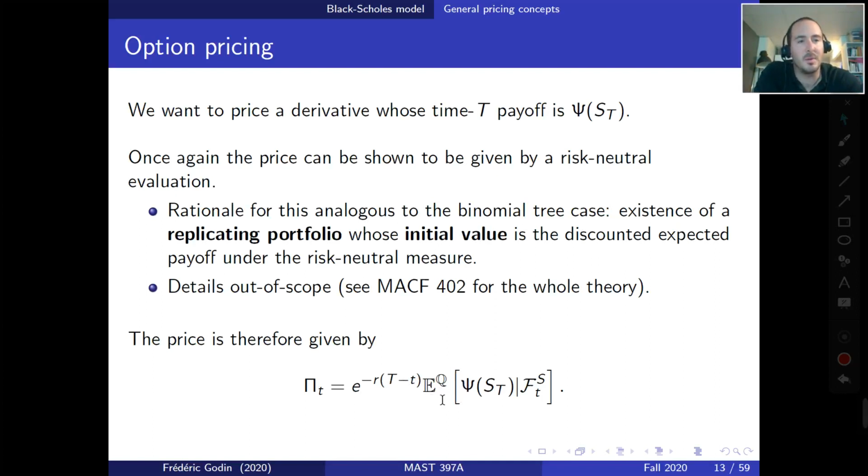The risk-neutral measure here is a probability measure that has no physical interpretation. It's just an artifact that is convenient for calculations to obtain the price of a replicating portfolio, and thus to price derivatives. This is what we call the risk-neutral evaluation formula. It says that roughly the time t price of a derivative is its expected discounted payoff given the current information, but the expectation is under a risk-neutral measure.